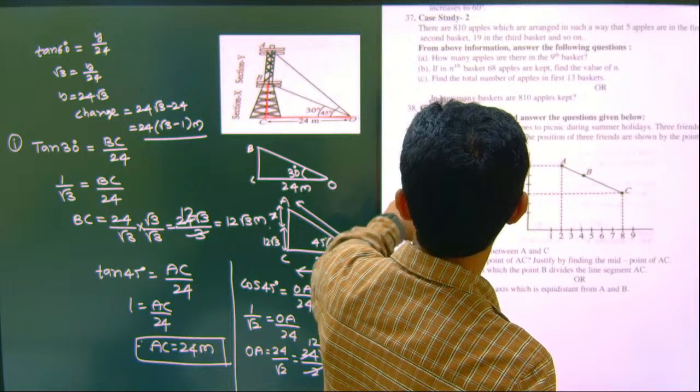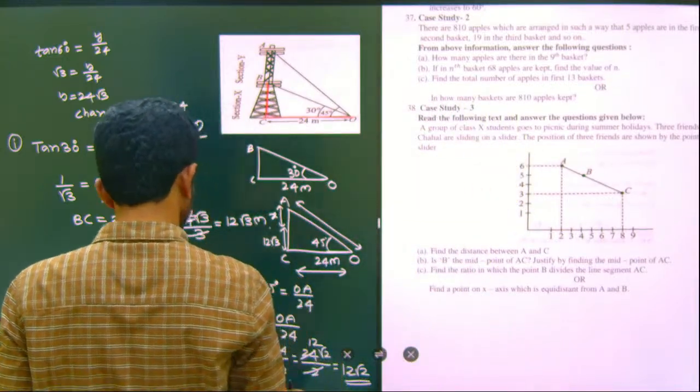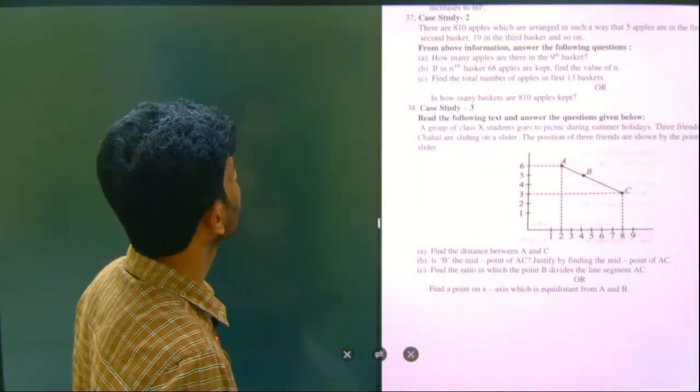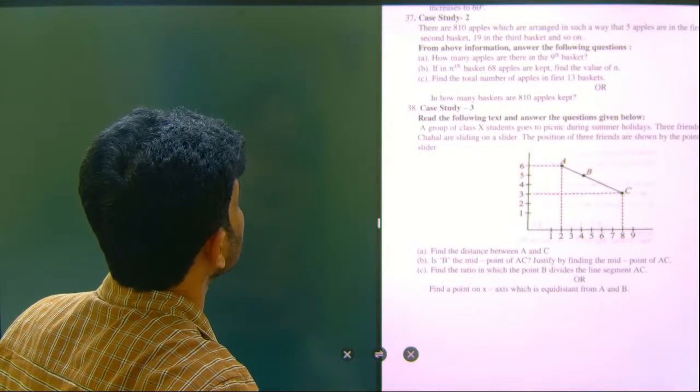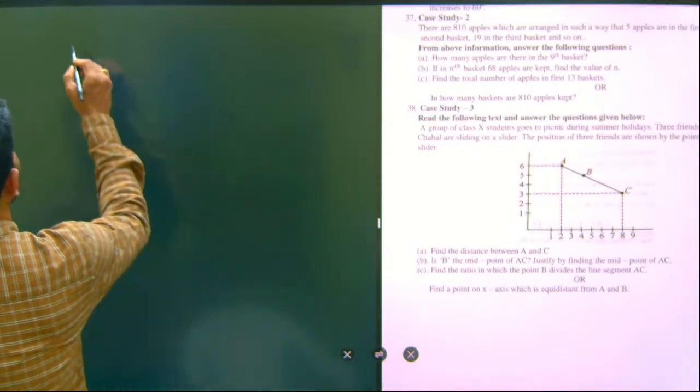Now in case study 2, questions are about arithmetic progression. There are 810 apples arranged in such a way, so total Sn is given.